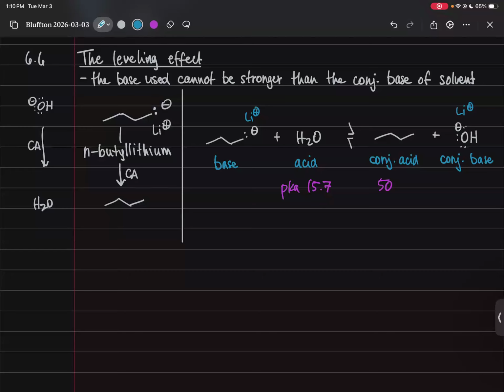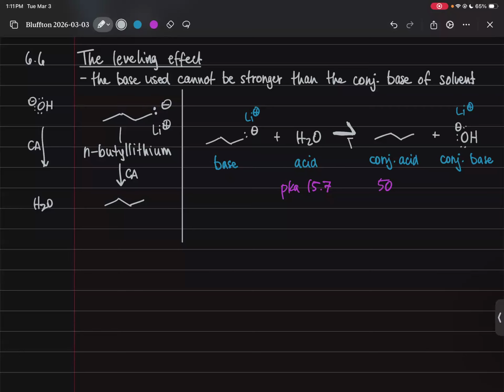And the equilibrium is going to lie with the weaker acid, so the higher pKa. And here we've got a massive, ridiculous difference between those two pKa's. And so our equilibrium is going to lie way to the right. So what that means is if you have your reaction in water and you add butyllithium, well, it'll explode, but mostly because of this reaction, right?